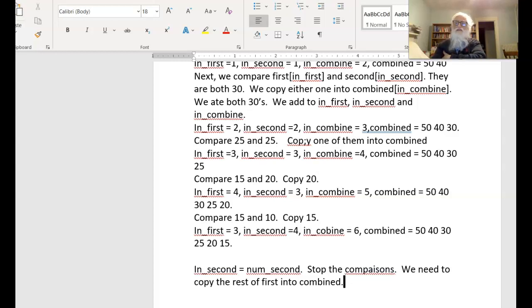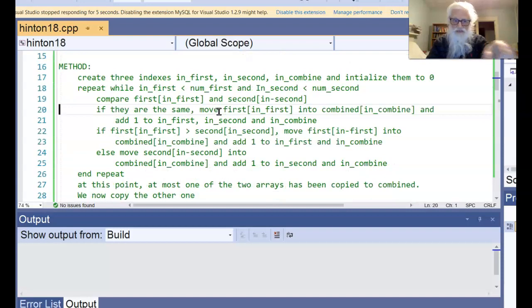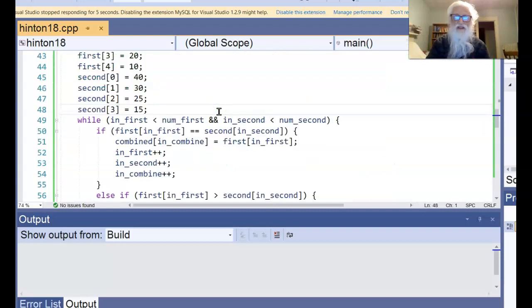It's also possible that one of them is done, but it's impossible that none of them are done, because otherwise we'd be finished. Both of them would be finished, and we'd be out of it. So, I've caught that in the program here. I've repeated most of this there. And if you look, here's my while loop.